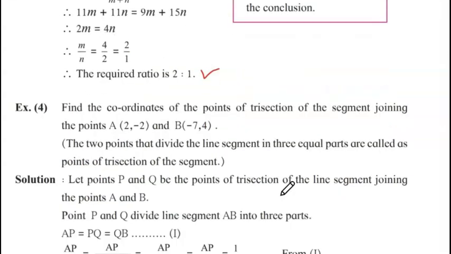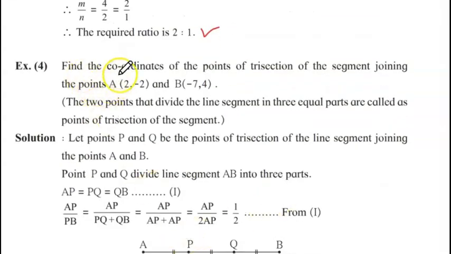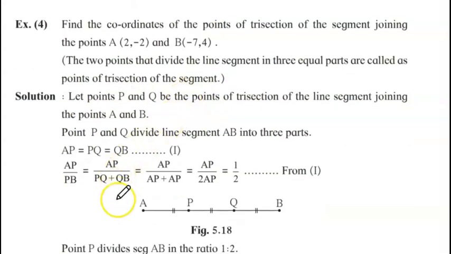Okay. Now next example. Find the coordinates of the points of trisection of the segment joining the points A(2, -2) and B(-7, 4). That means if we join the segment AB here, then find the coordinates of the points P and Q such that they divide the segment AB into 3 equal parts. What will the 3 equal parts be?